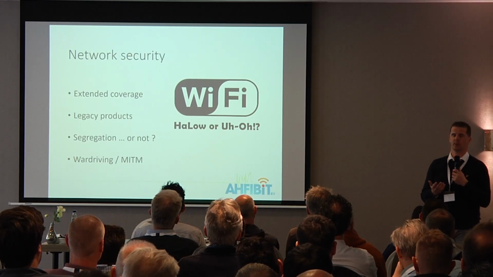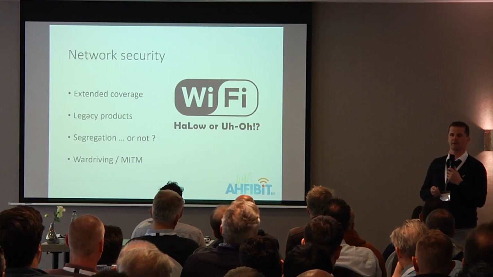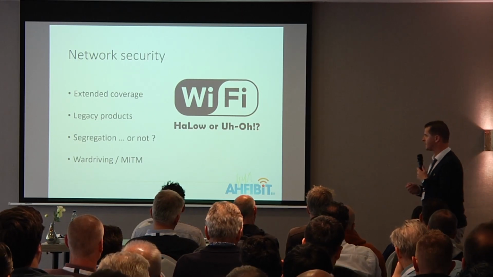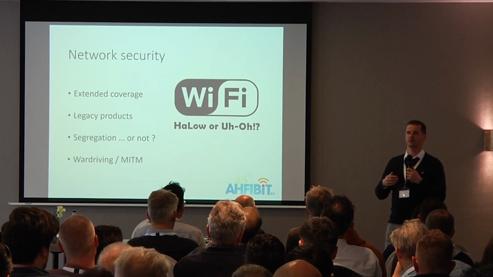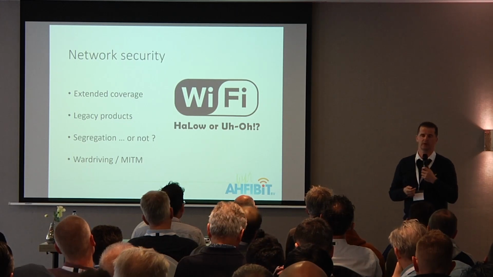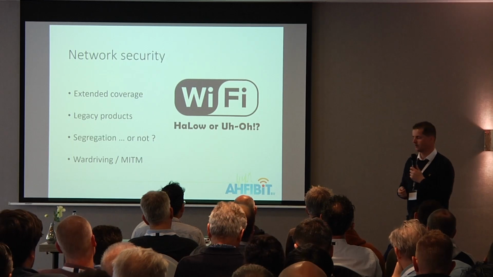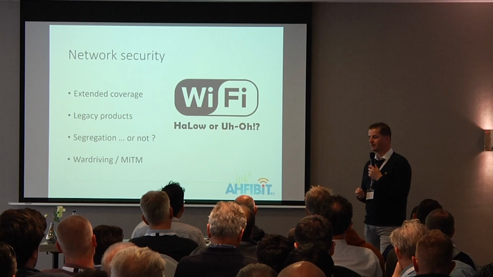You're using IP, so we have vulnerabilities in 1.5 gigahertz. We know that. I have extended coverage, so I can reach 900 meters. So if you're going to sniff or do man in the middle somewhere, and you know the WPA2 key or something, yeah. And if you don't have decent routing or decent segmentation, they might break into your core network. So that's not what you like.